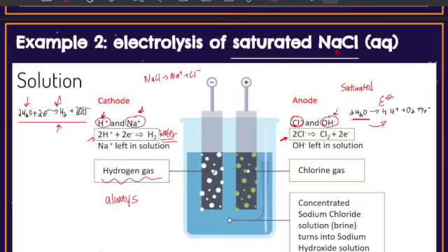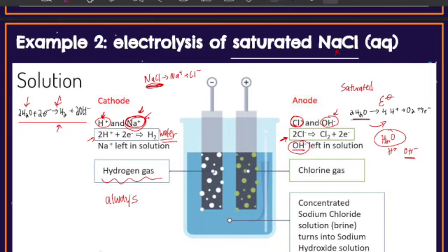Well, when chlorine gets oxidized instead, my H2O, some of which have split up into H plus or H3O plus and OH minus, are just going to stay in the whole solution with everything else. Water itself won't react, so OH minus will be left over in solution. Notice I have Na plus from the NaCl that split up and didn't do electrolysis here.